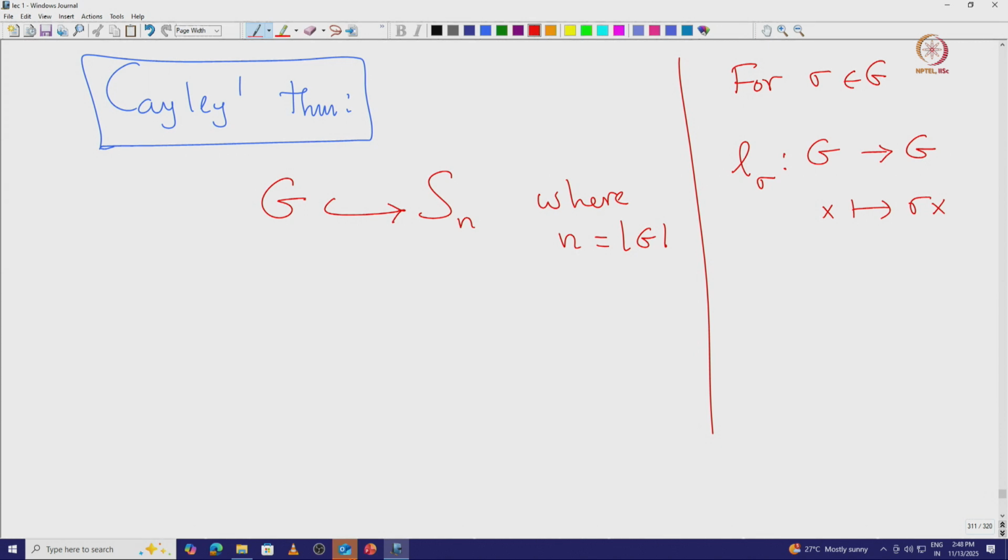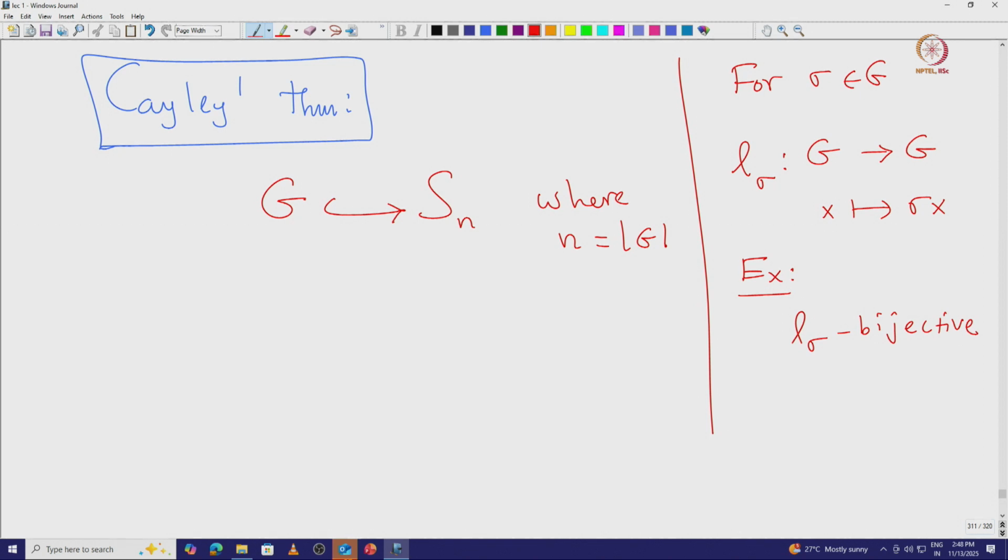That is why we call this the left regular action. We could also talk about the right regular action, but let us stick with only left multiplication. It is an easy exercise to verify that L sigma is indeed a bijective map.